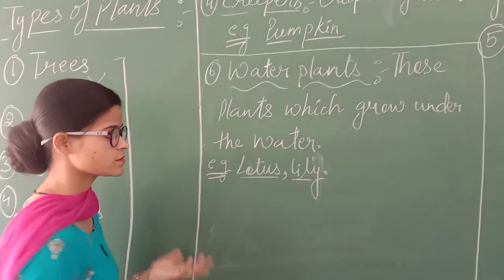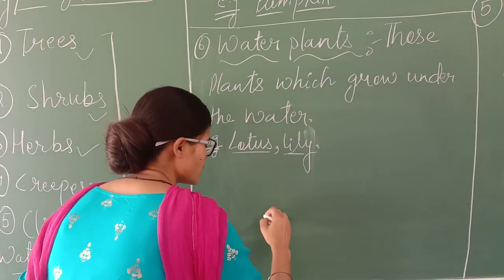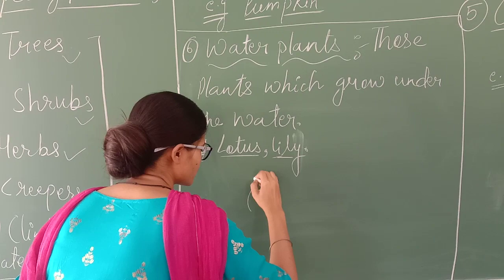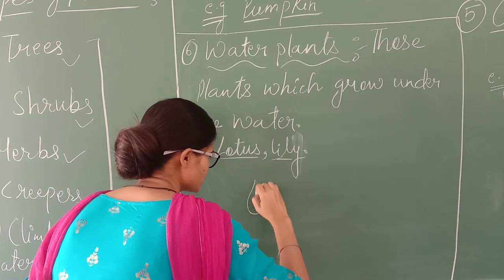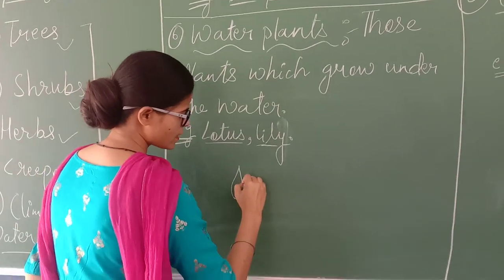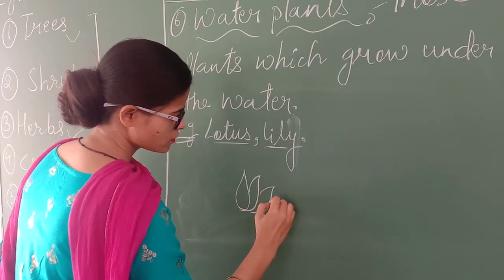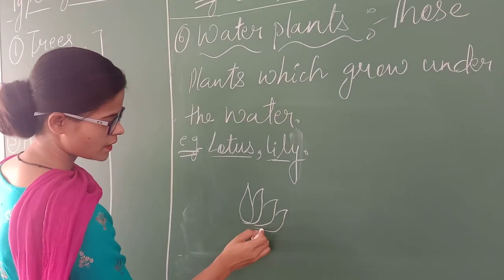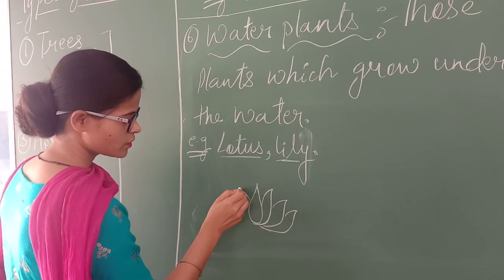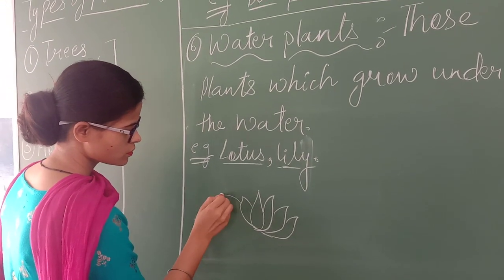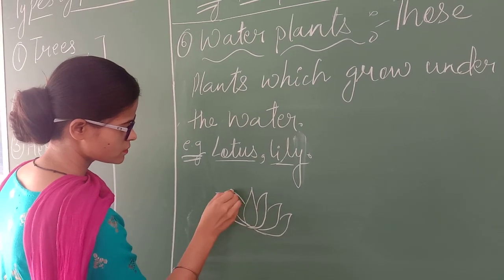Okay, as lotus is easy to draw, you just have to make petals like this. Okay, then different petals from here. Okay, like this, and from here also same petals.